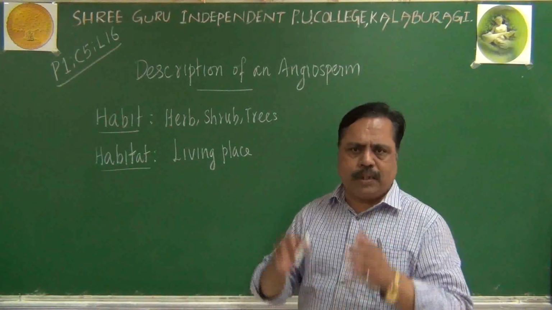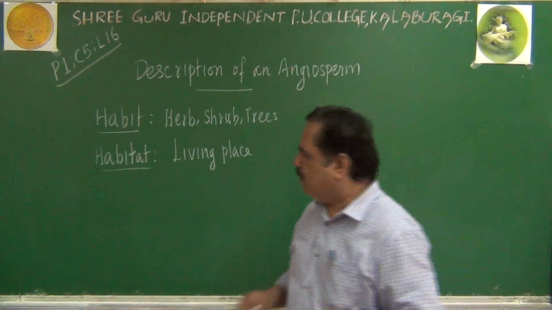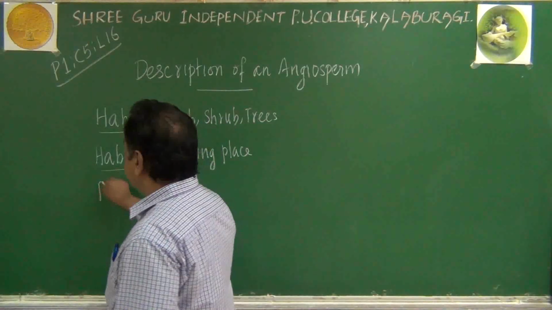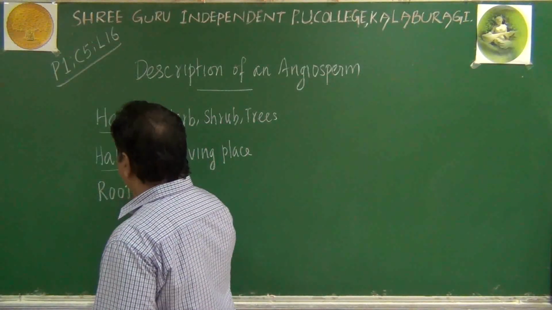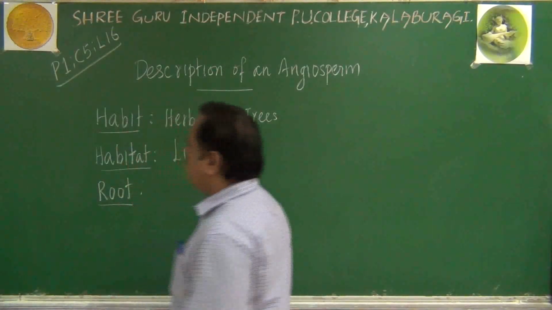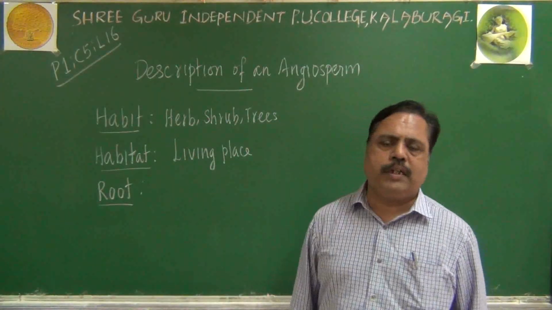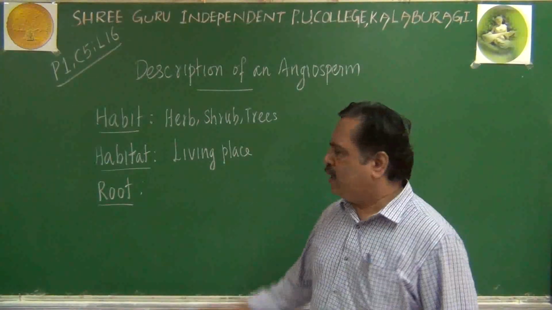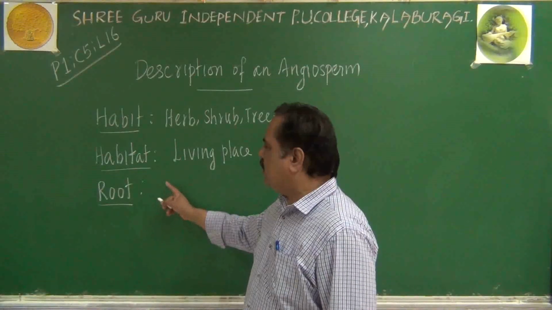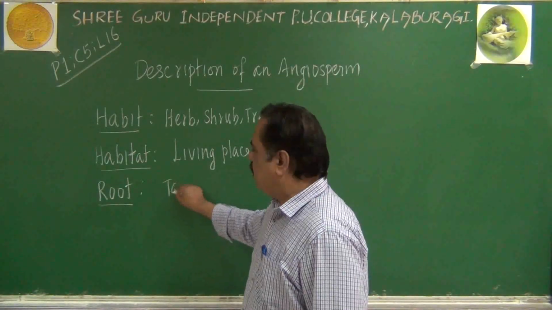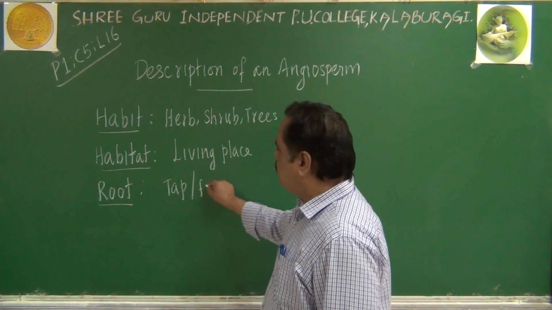After describing the habitat, we can come to the root system of that plant. Regarding the root, we have to write whether it is a taproot system or a fibrous root system.